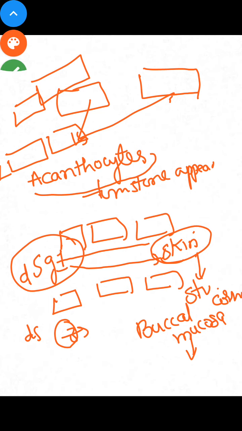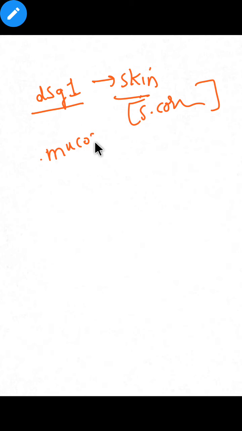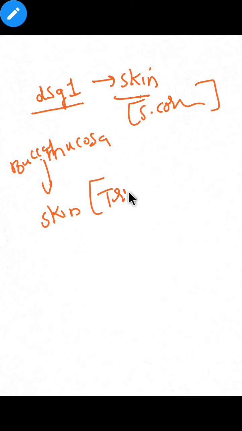So initially there is destruction of desmoglein 3, but as the disease progresses, even desmoglein 1 is destroyed. Hence initially blisters are found in the mucosa or buccal mucosa. Later on, blisters will also be formed on the skin, especially on the trunk.